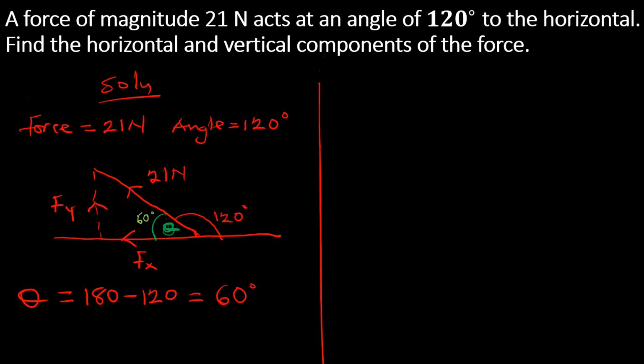We can now calculate for the horizontal and also the vertical forces. Let's first calculate for the vertical force. So for the vertical force, which is Fy, sine theta is equal to Fy over 21.